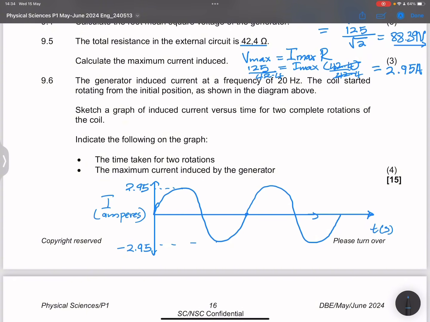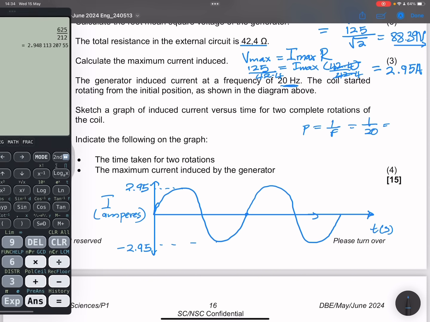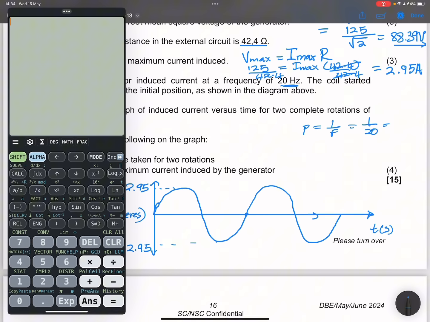All right. And then now they told us that the frequency is 20 hertz. So which means, now please note, ladies and gents, that period is 1 divided by frequency, right? Now this is how long it takes for one full cycle. So this is going to be 1 divided by 20, and that should give us 0.05, right?